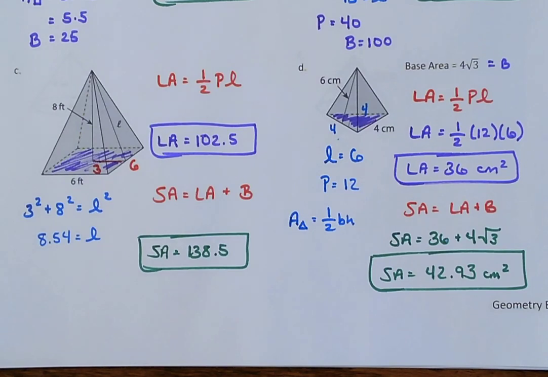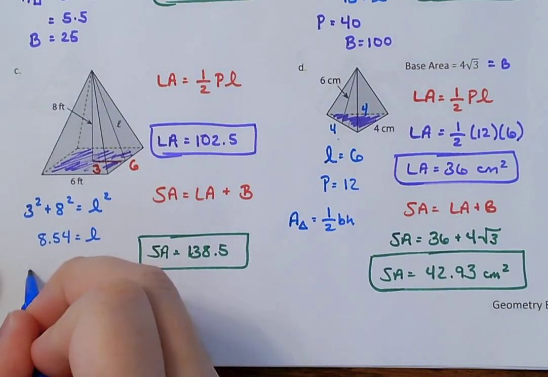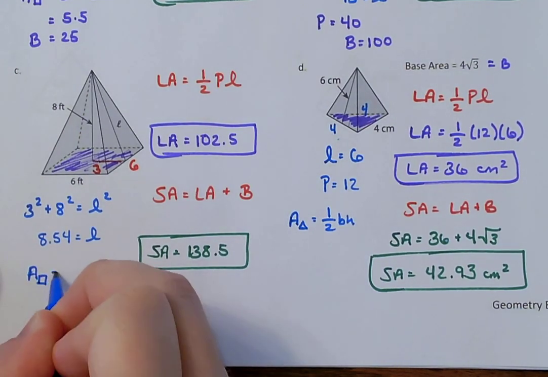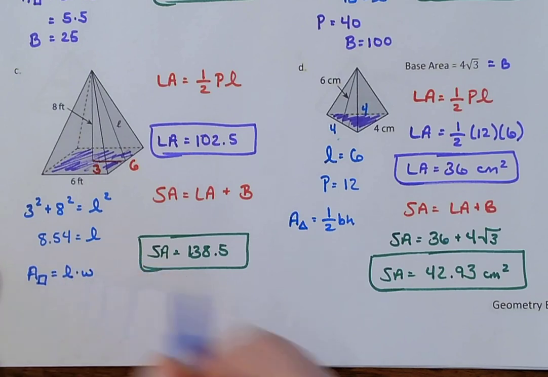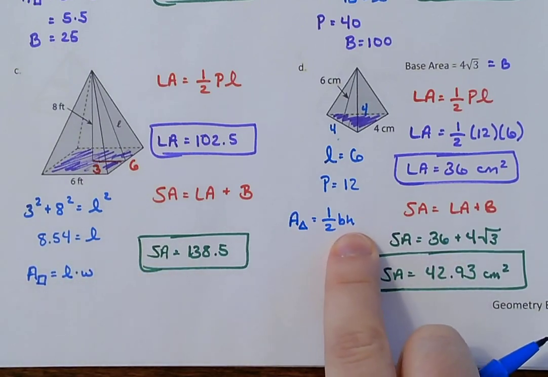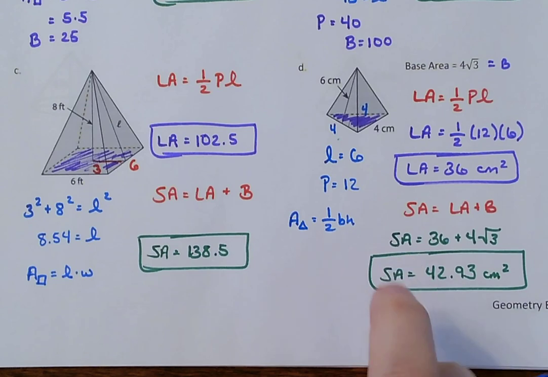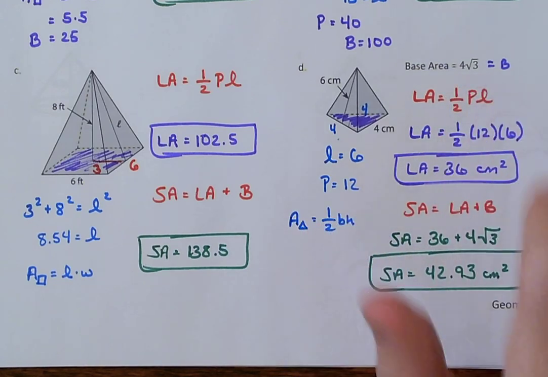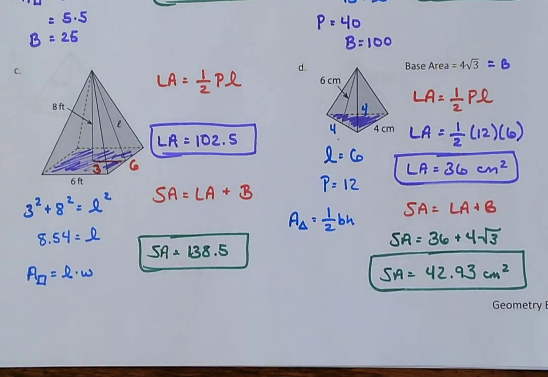Area of a rectangle is length times width. Area of a triangle is 1/2 base times height. I just happen to tell you your base area. So with that said, that is how you find lateral and surface area.